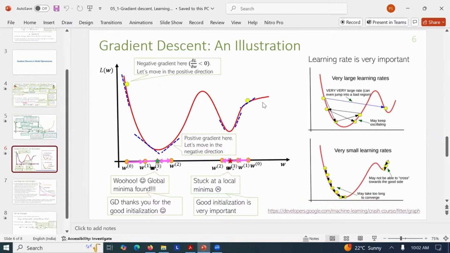But since now you are using an accurate gradient and reducing the randomness, it may be possible that you get trapped at a local position.